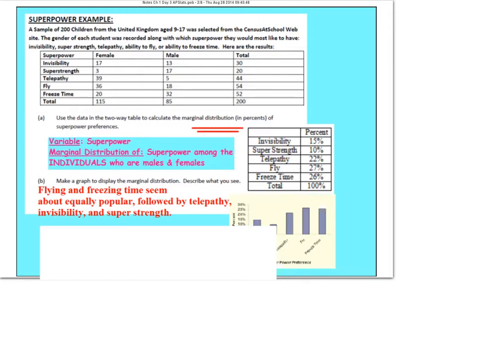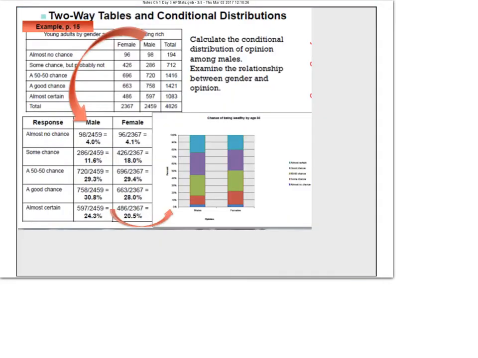If you analyze this, it looks like flying and freeze time are maybe the most popular. A good way to conclude this, you could say flying and freeze time seem about equally popular, followed by telepathy, invisibility, and super strength. That's a good description.